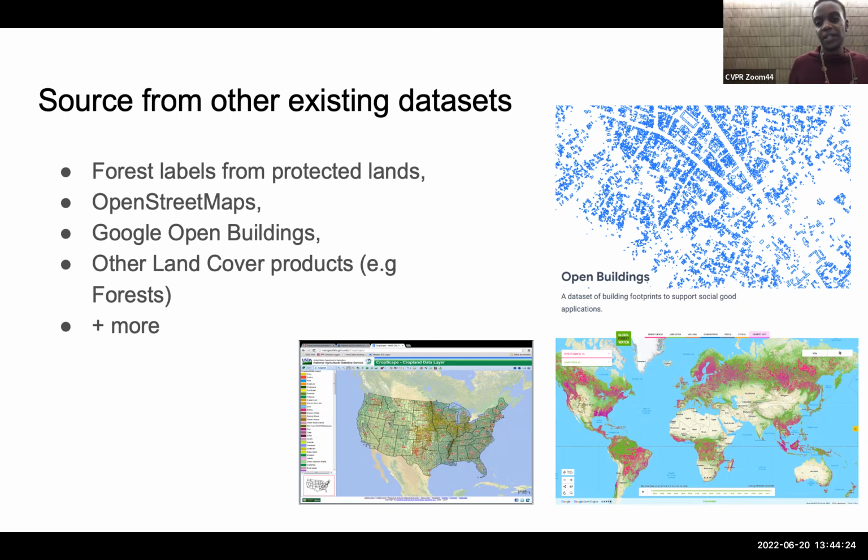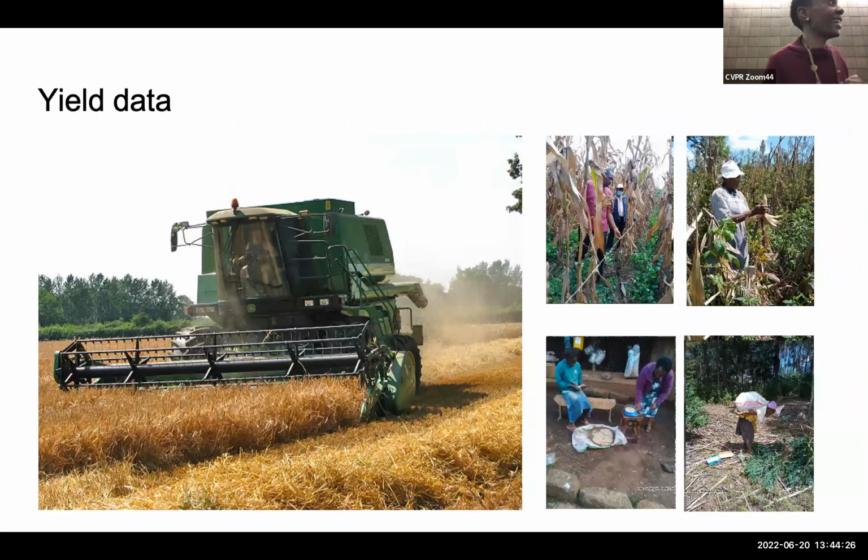For things like yield, it's very complicated. You can have a very fancy harvester that records as it's harvesting grain, for example. This is not so common. It's common in highly commercial, really large fields, and is largely non-existent, for example, in sub-Saharan Africa, where you have very small fields and a lot more complex agriculture.